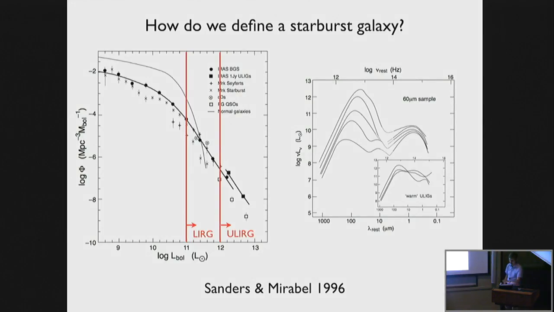Okay, now to the starbursts. So it turns out it's going to be a little bit different in how you want to select a starburst galaxy at high redshift and low redshift. At low, starburst galaxies are very dusty.